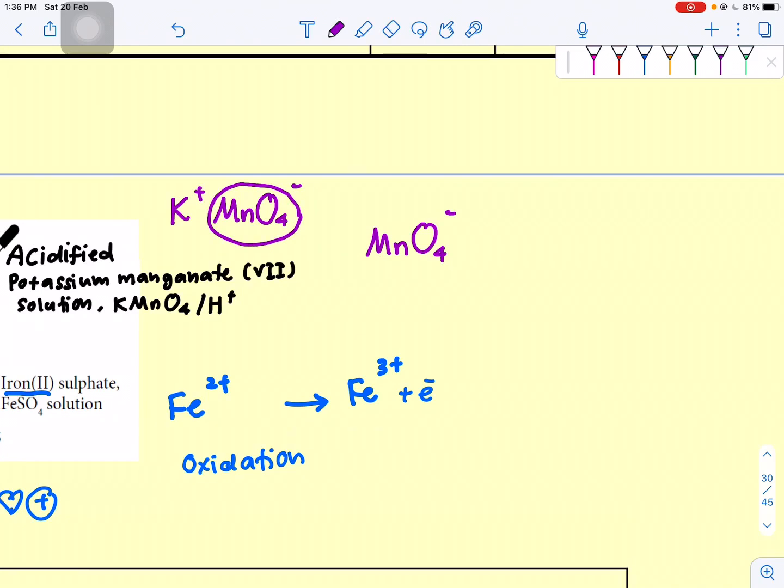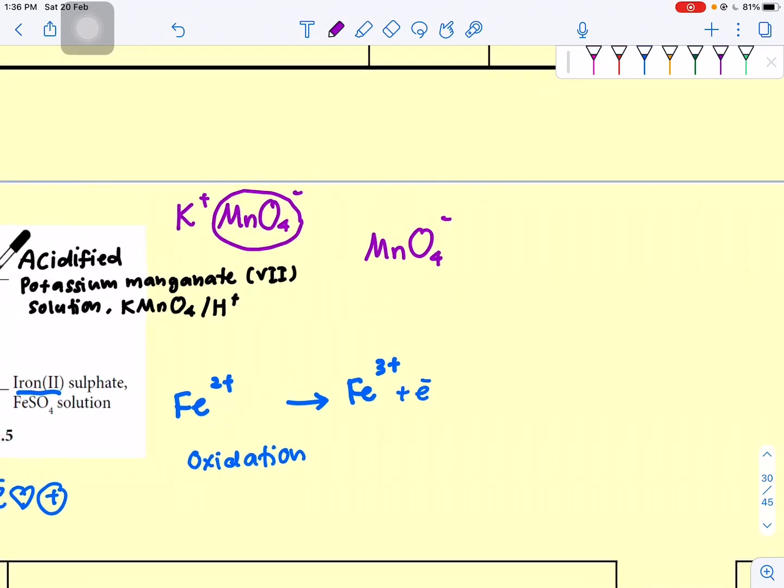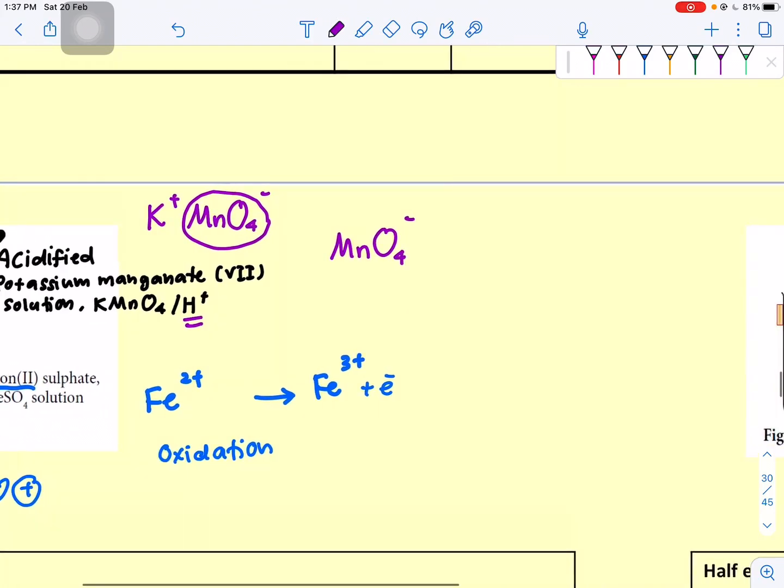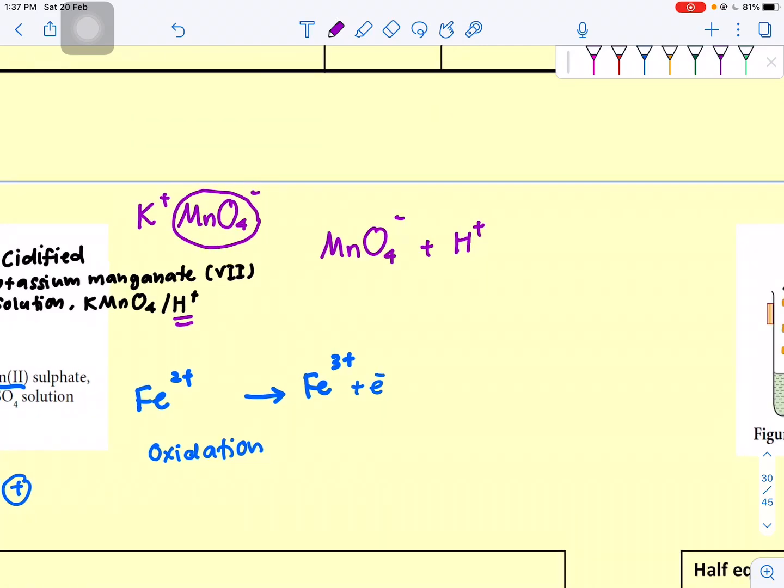Okay, so yang this one, you kena memorize separuh jalan. MnO4, and then dia ada stroke H+, melambangkan dia daripada acidified. So you have to write down plus H+. Okay, and then what is the product?